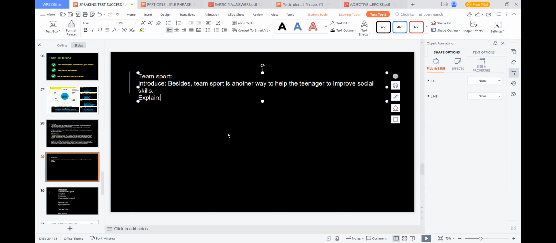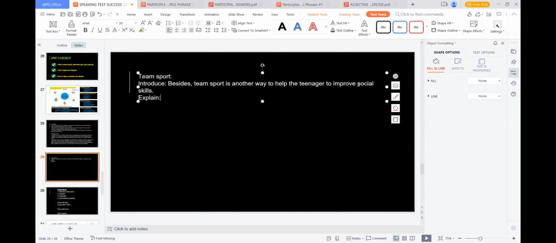Team sport can help us build up the relationship with our team members, to work together and help each other during the sport. And we also can learn the... You make sure that this one is always tied up with the social skill.